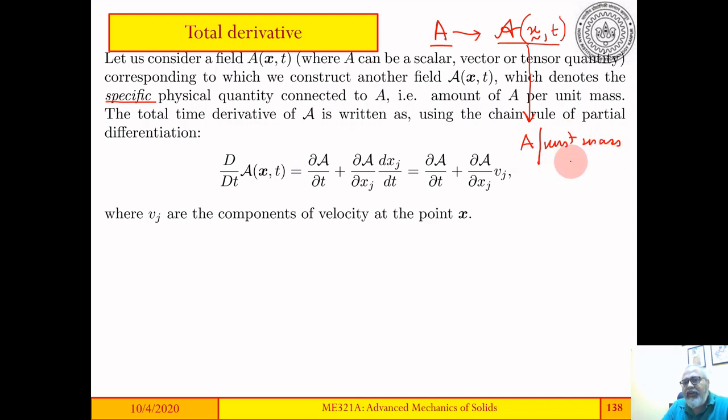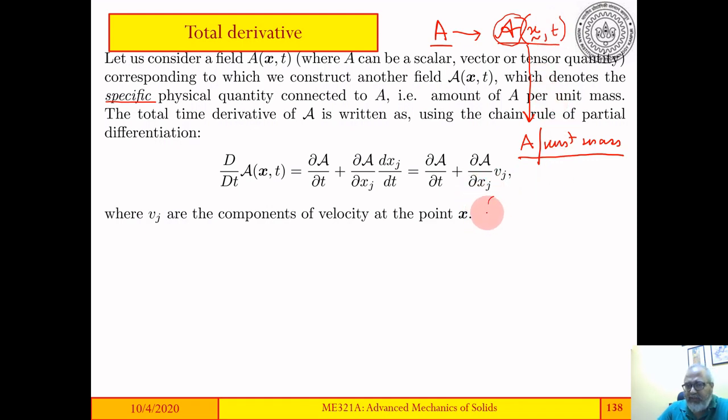In some books, in some cases, a specific quantity is defined as A per unit volume, but we will define it as A per unit mass. So whenever we have this fancy kind of A, it is a specific amount of A, so it is A per unit mass, and this is a function of both position and time.